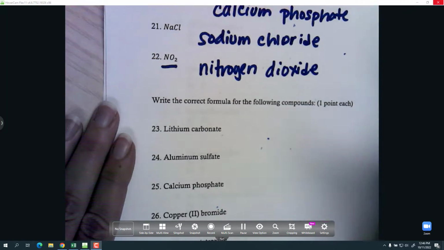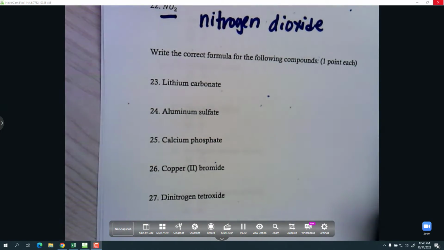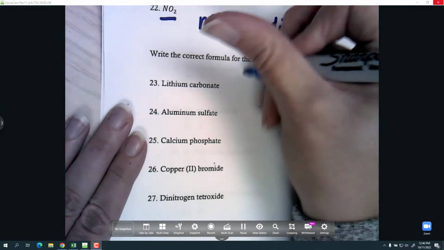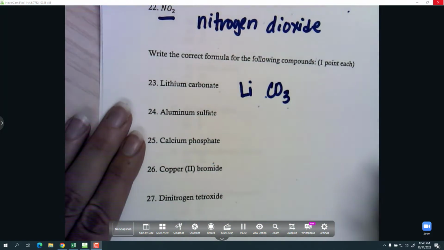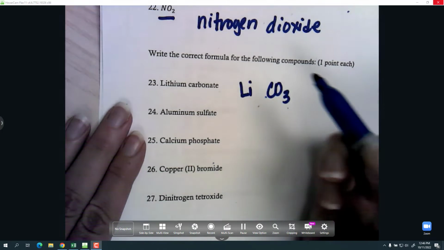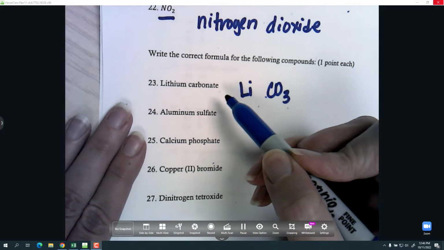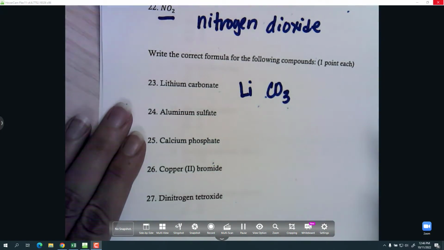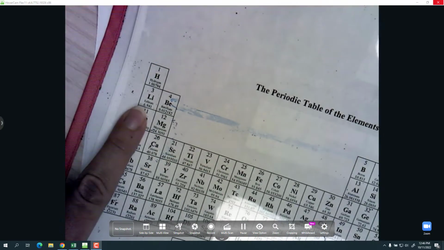All right, now for my compounds where I have the name and I'm going to get the compound, I figure out what the elements are. Lithium and carbonate. Remember, if it's not an IDE ending, it's anything else, then it has to be a polyatomic ion. So carbonate is CO3. And then I can look on the periodic table and see lithium is a +1.